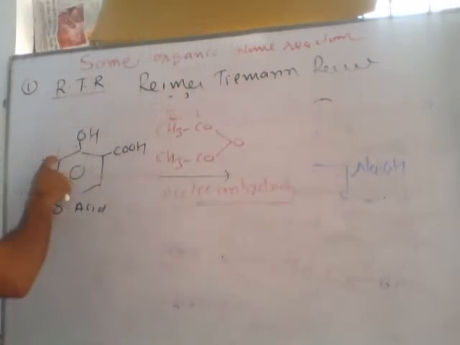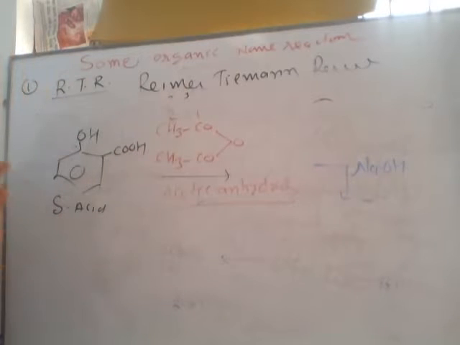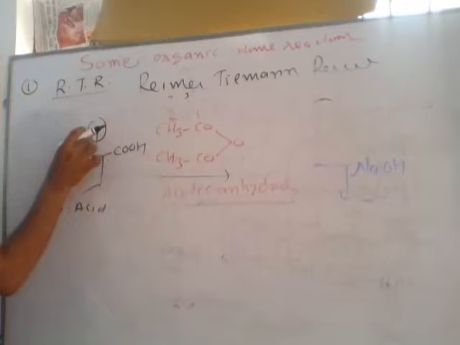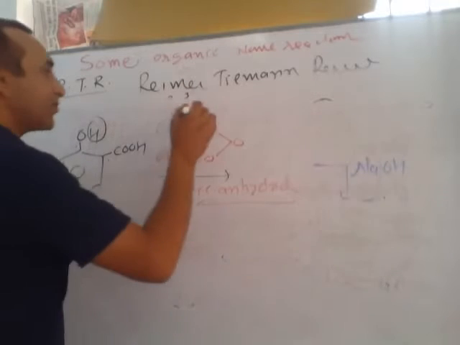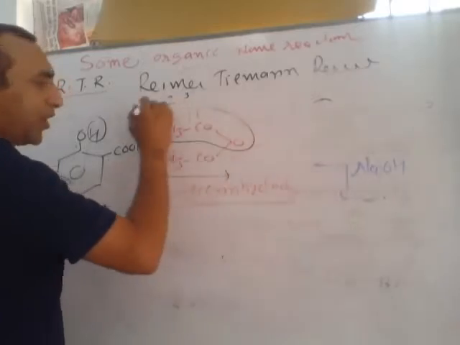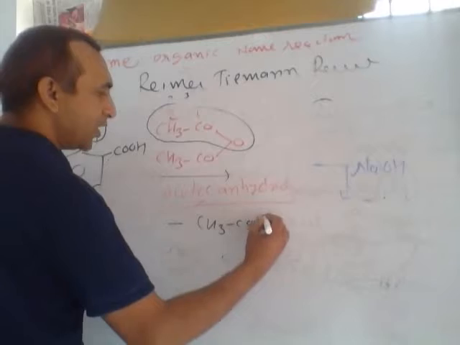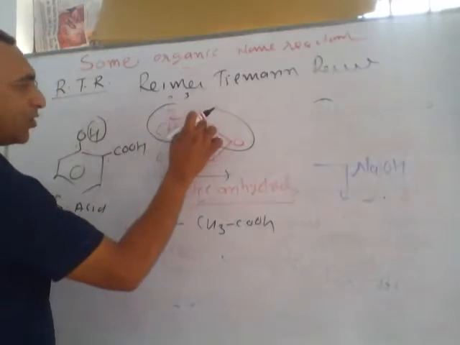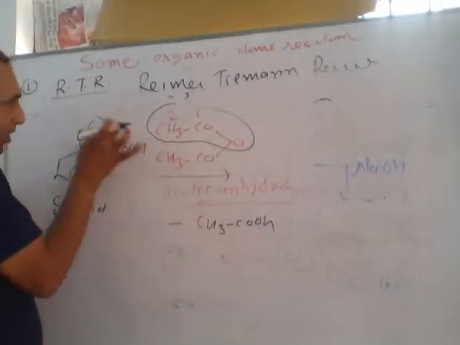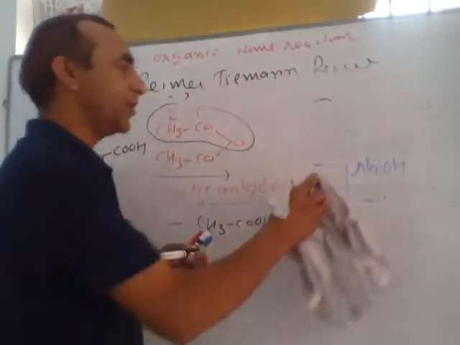When salicylic acid is heated in the presence of acetic anhydride, what happens? The H of OH is removed in the form of CH3COOH: CH3COO and this H form this, and the remaining part is joined here. Simple.